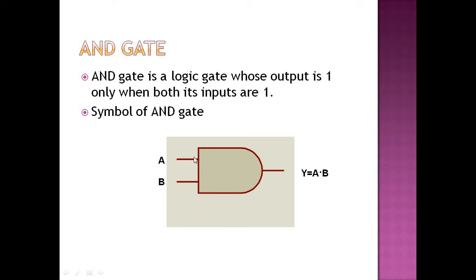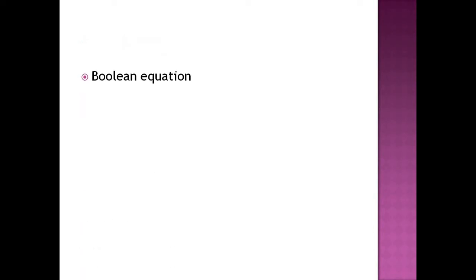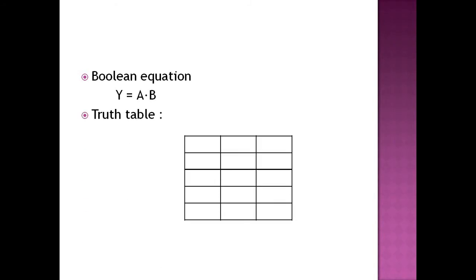It means when A equals 1 and B equals 1, we get the output Y equals 1, otherwise we get the output as 0. So the Boolean equation of the AND gate is Y = A . B, and the truth table is shown in the following figure.